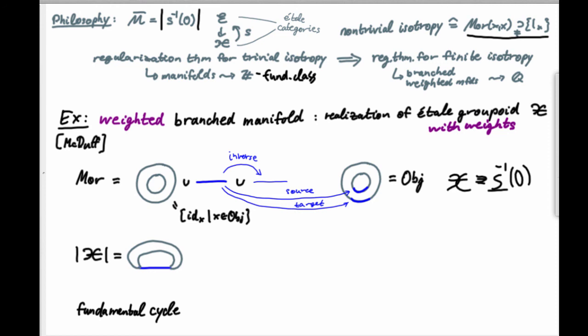And that might look exactly like this groupoid for the branched manifold that we had. But what we are now going to do is put weights, from this multisection.